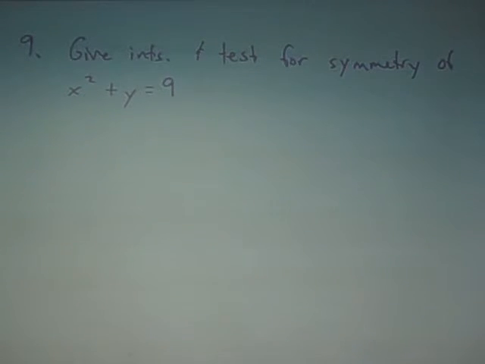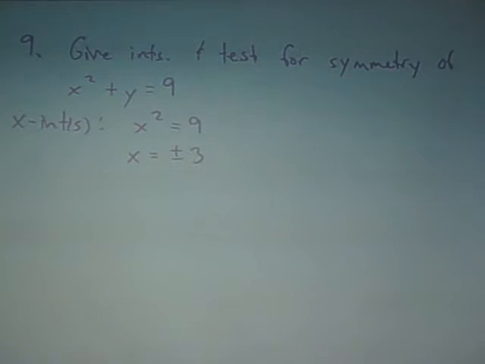Number 9. We want to give the intercepts and then test for symmetry. And so let's start with the x-intercept or intercepts. For x-intercepts, we put in 0 for y and solve for x. So if you put in 0 for y, you get x squared is equal to 9, and x is equal to plus or minus 3 after we square root.